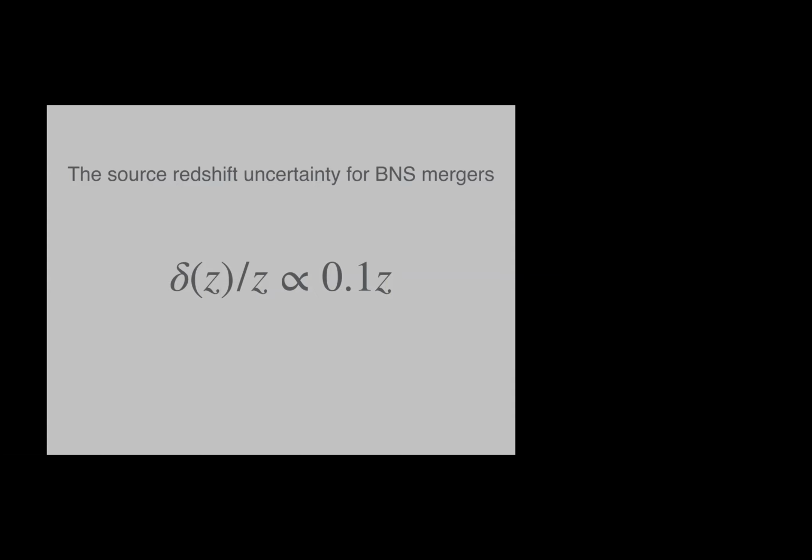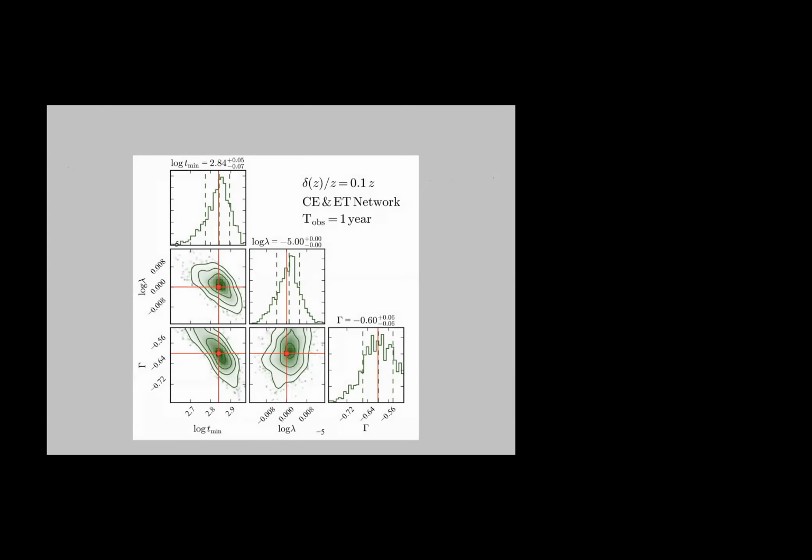And when you fold this in, you will see that it's not that you open up this telescope and you're like, I detected, I know the redshift distribution. It still takes 1 year of a network of these telescopes to observe the sky, and you still get within 10% accuracy of the parameters of your delay time distribution. So it is still very challenging.